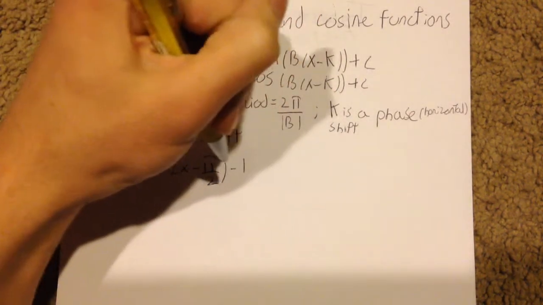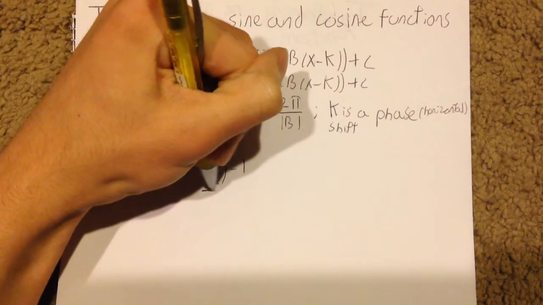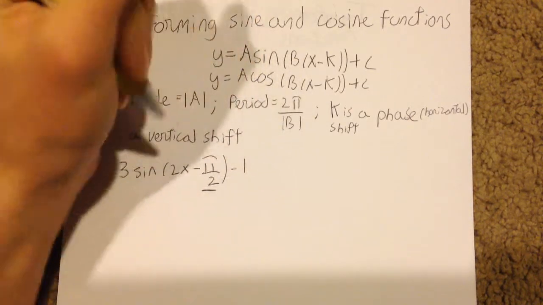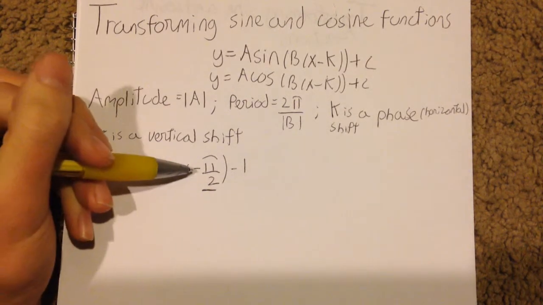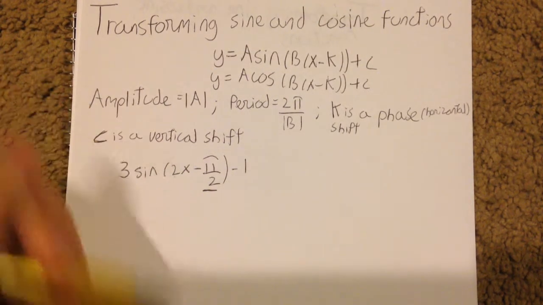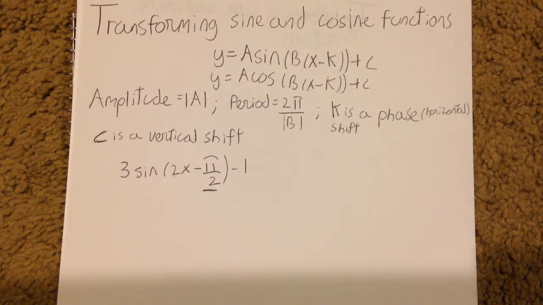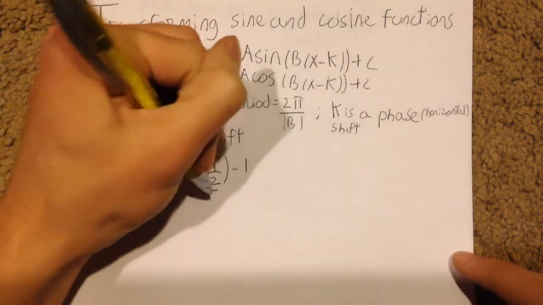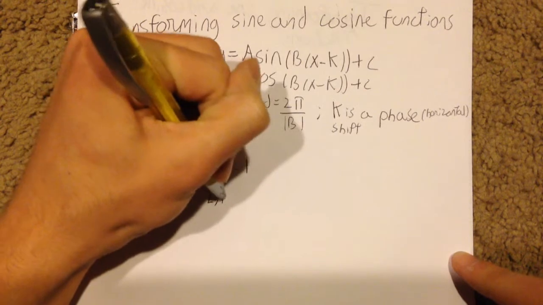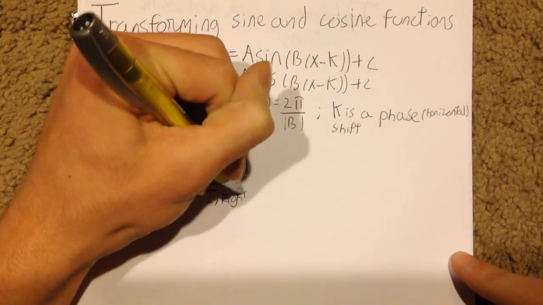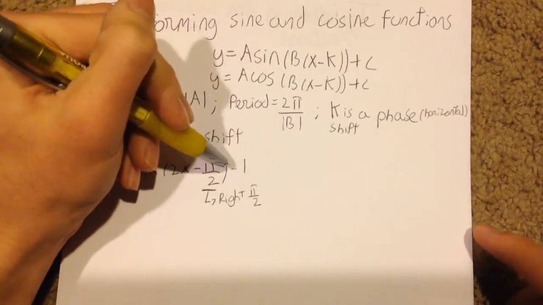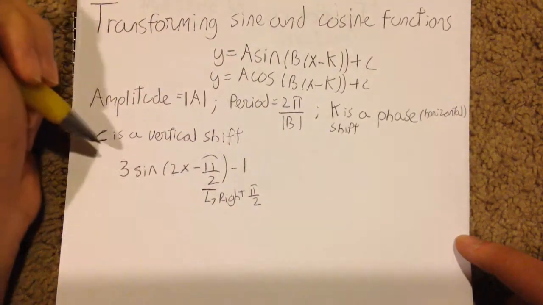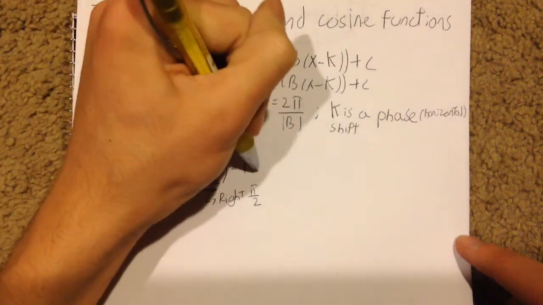Here we notice we have a horizontal shift of pi over 2, and it's a minus, so we're going to move it to the right pi over 2. Then here we have a negative 1, so we're going to move this function down 1.